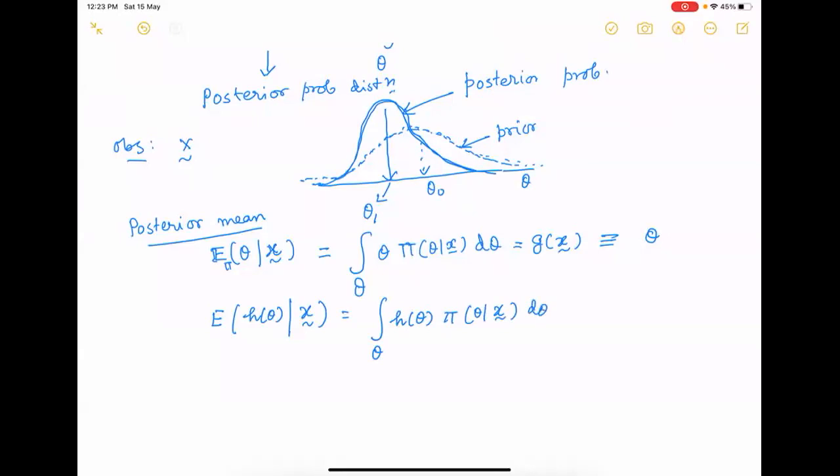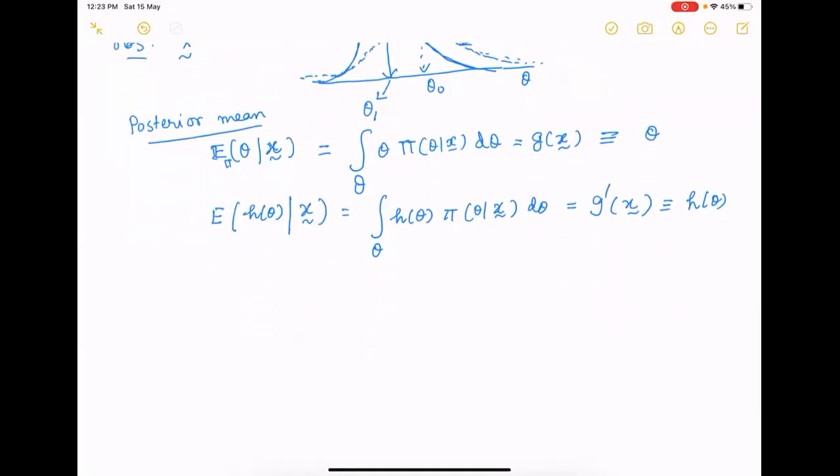As I'm integrating out theta, it will be some function of only the data, which will estimate h of theta, like if I'm interested in theta square or theta cube. So this is my posterior mean. The posterior mean is an estimate of theta.